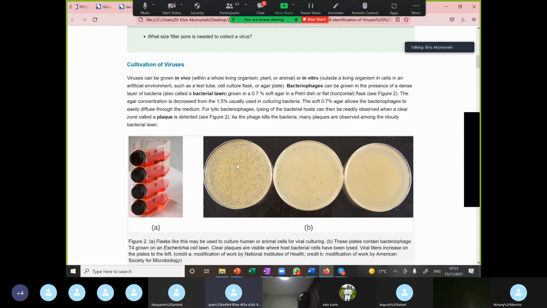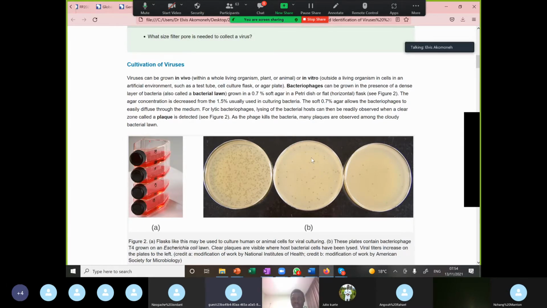The assumption here is that where a single viral particle exists and there's a bacterial cell, the viral particle would infect the bacterial cell. And the viral particle, if it's a lytic phage, will break down the bacterial cell, and there will be no growth around where there was infectivity.